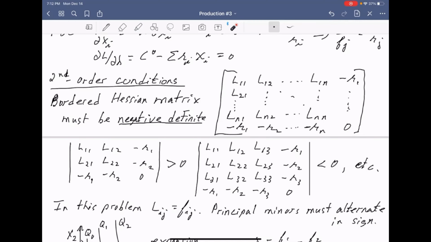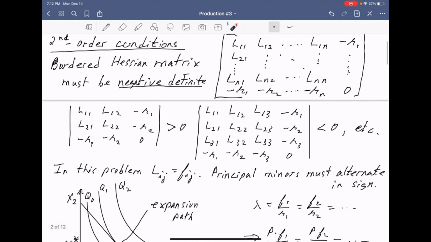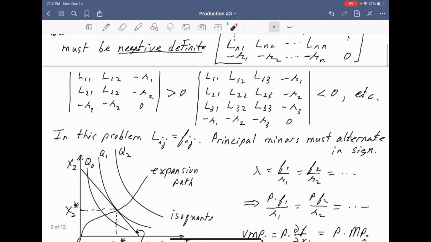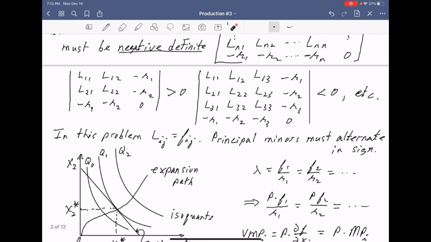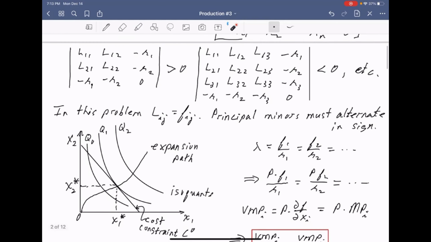Now, this bordered Hessian matrix has to be negative definite if we're going to have a maximum. So how do we know whether or not it's negative definite? Well, we take the principal minors and the determinants of those, and they have to alternate in sign. So the first one has to be greater than 0 in this case, and the second one less than 0, and then they alternate further on.